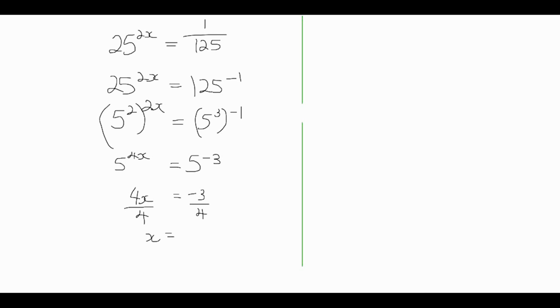And again, you could write it as a decimal if you'd like, but the answer is -3/4. Alright, and just like I was saying before, you just need to substitute it back into the original equation and you'll be able to get the answer once you know how to use your laws of indices properly, and it will tell you whether or not you've gotten the correct answer. Alright? So that's that.